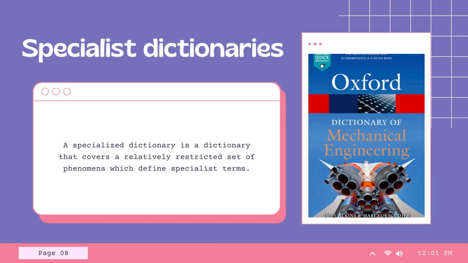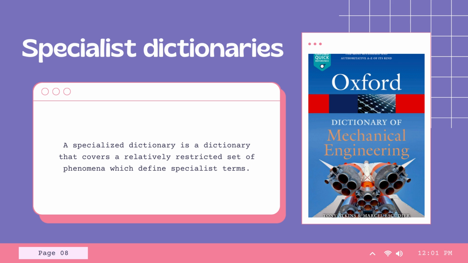Now we have the specialist dictionaries. A specialized dictionary is a dictionary that covers a relatively restricted set of phenomena, which define specialist terms. This type of dictionary is not tricky, but it is quite unique. Why?